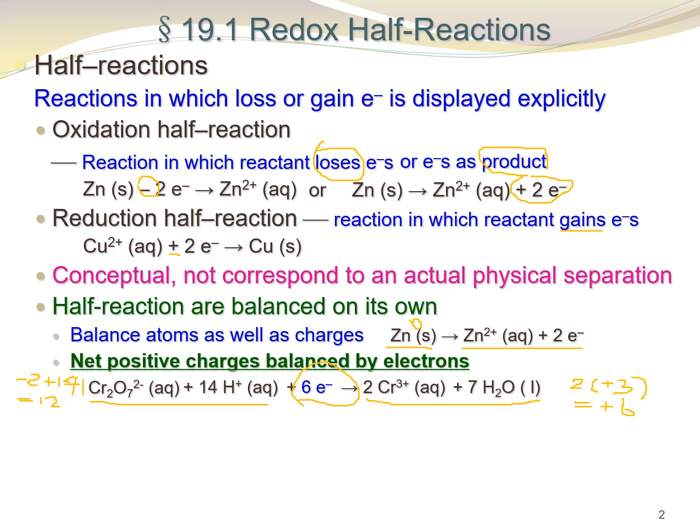Remember, if we have electrons on the left-hand side, what process do you think this one is? Reduction or oxidation? Right, this is reduction, because reduction is the reaction in which the reactant gains electrons. There are electrons as the reactant.